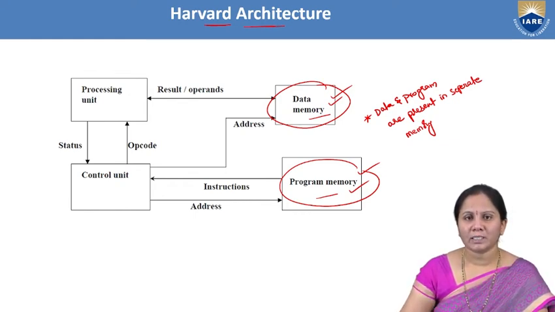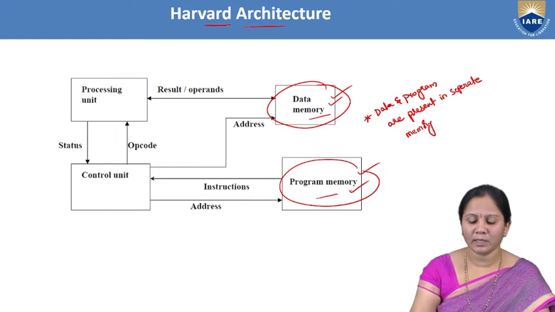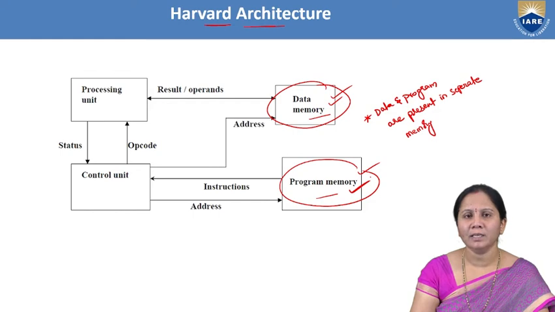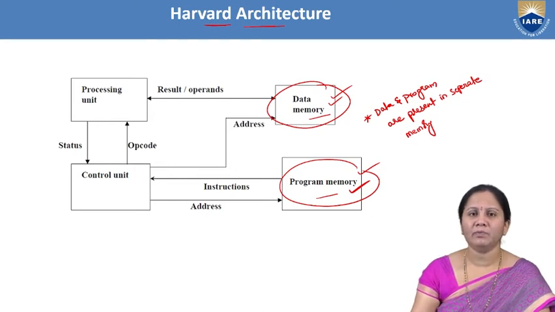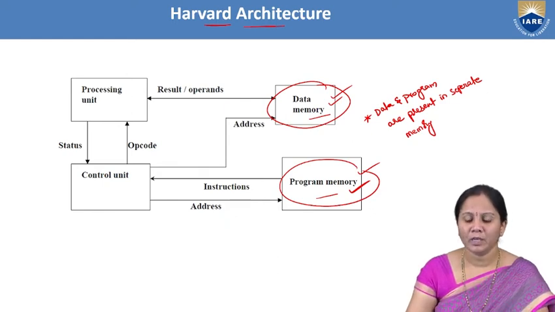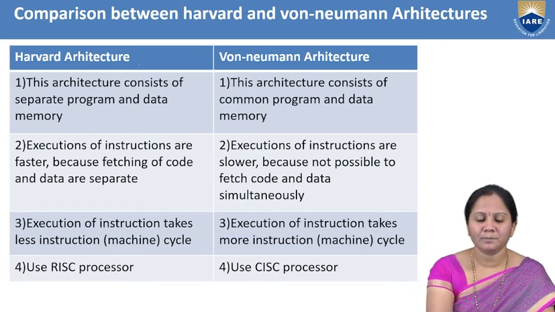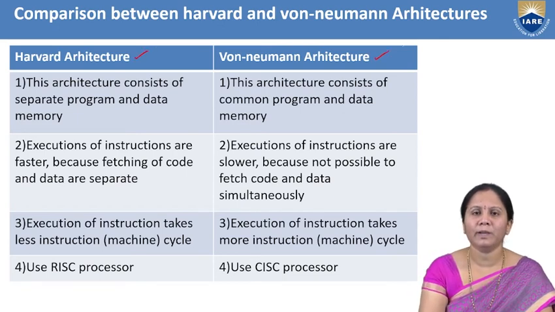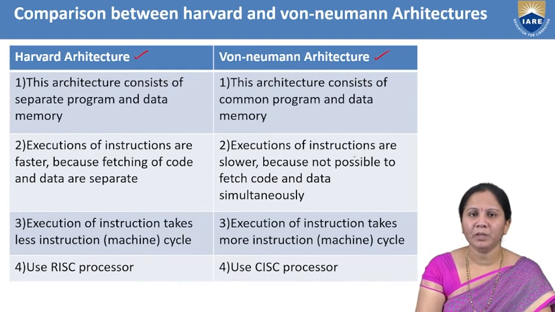In order to access the data, the processor can directly go to the data memory, and the processor can directly go to this program memory to access the code. So the accessing time required for the processor will be less. Okay. So this is the main difference between hardware architecture and Von-Neumann architecture from the architecture point of view. So we will see the differences between them by considering some features.